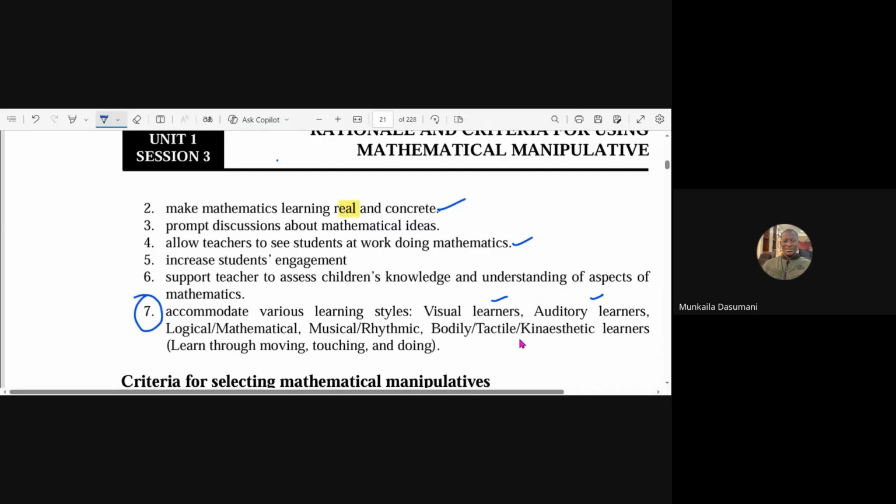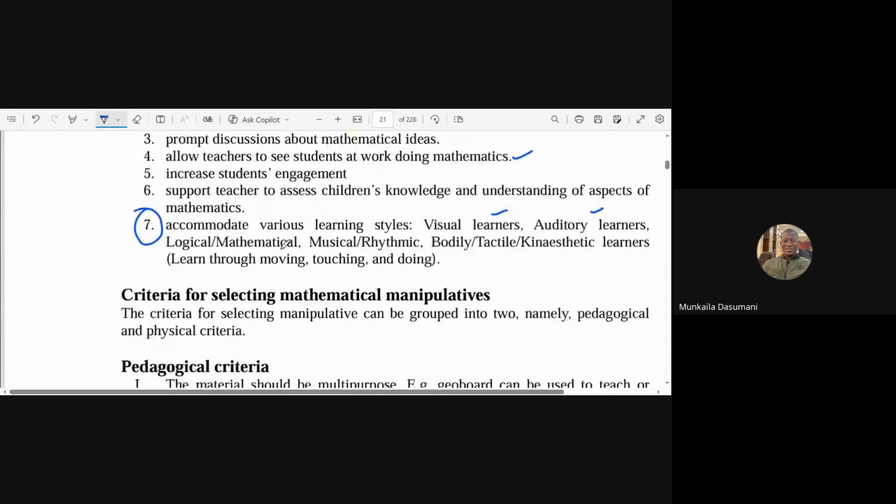So these are all forms of learning styles. The kinesthetic one talks about doing, touching, moving, and other things. So it also helps to cater for all these learning styles. So that's the reason why we need manipulatives.